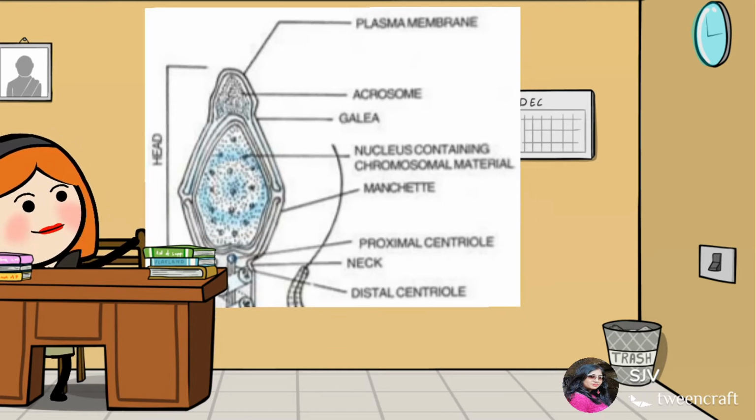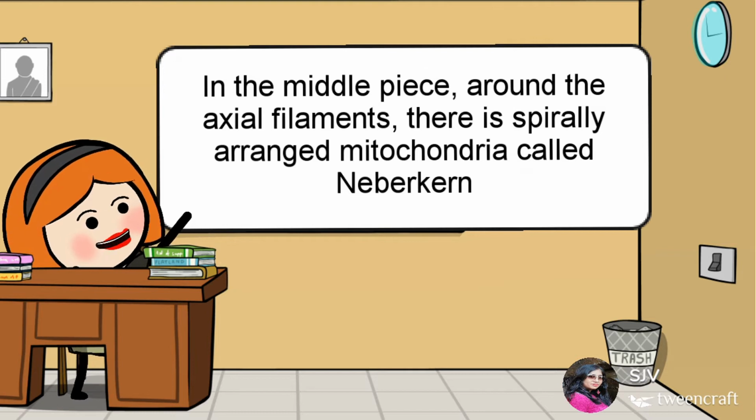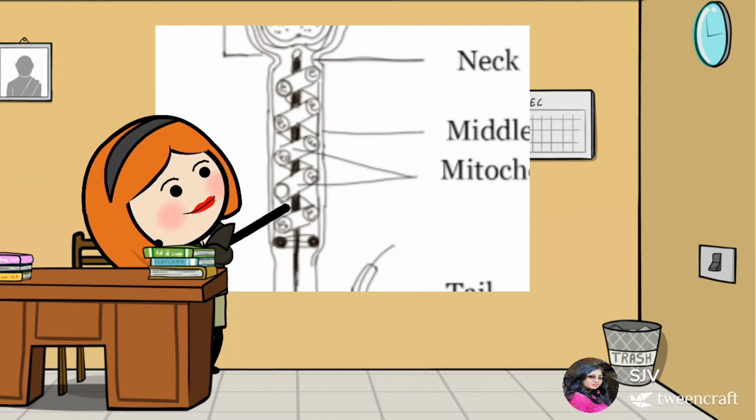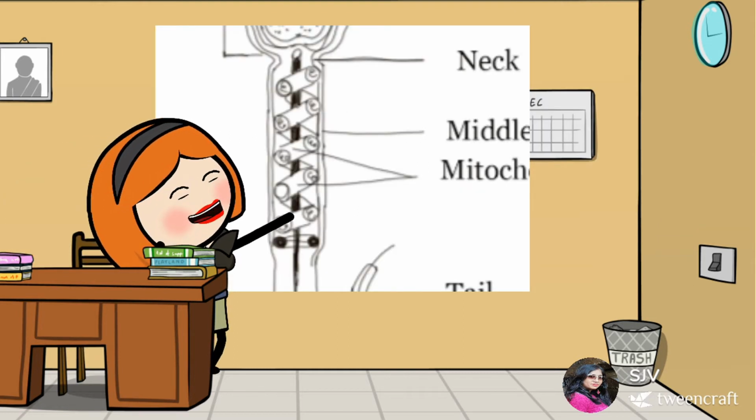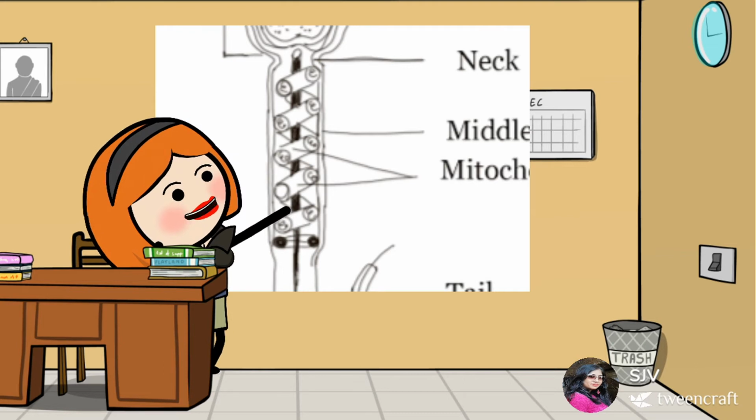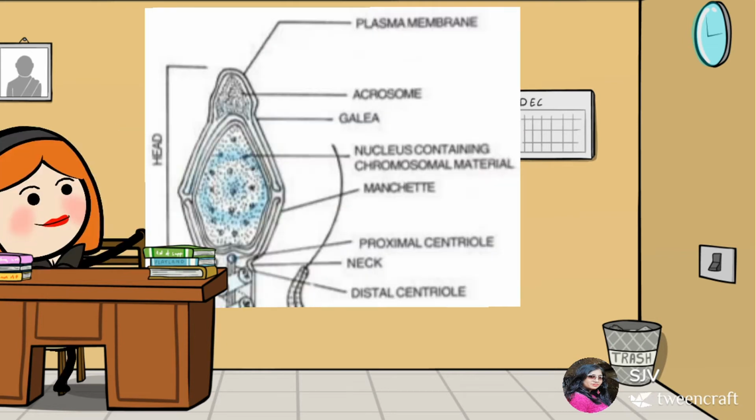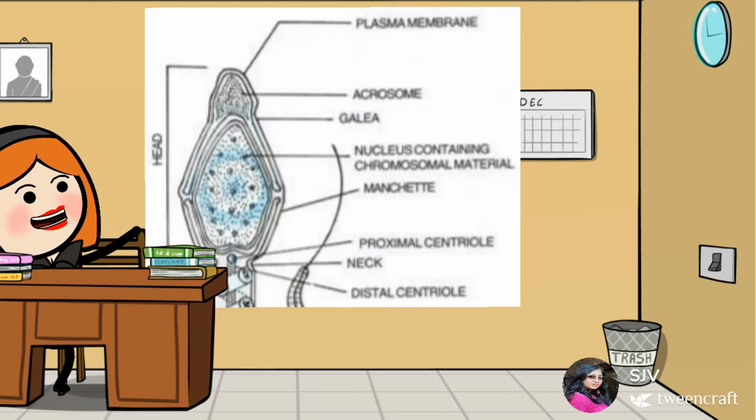Now the head is followed by a narrow depression which is the neck region. In the middle piece around the axial filaments there is spirally arranged mitochondria called the Nebenkern. You can clearly see the mitochondria here spirally arranged known as Nebenkern. If you come to the upper part of the nucleus and acrosome, you will find a cap-like fibrillar membrane covering.